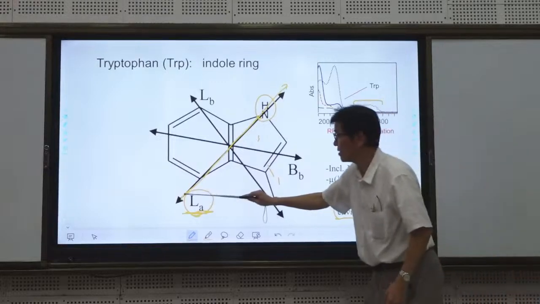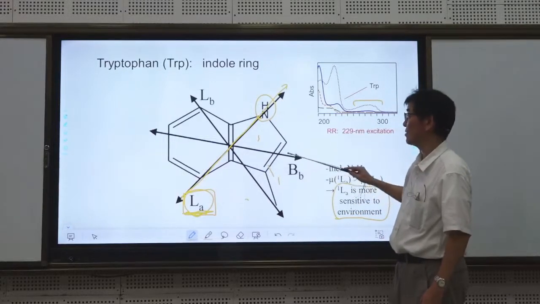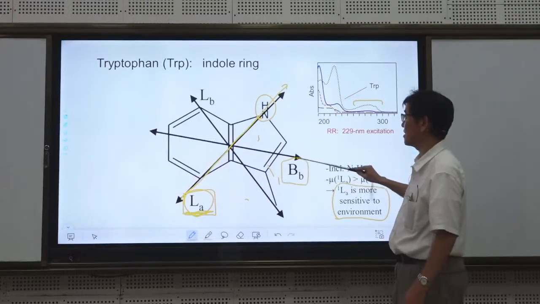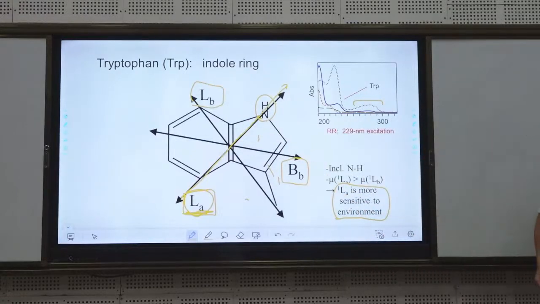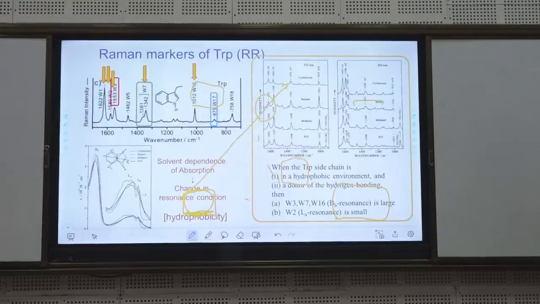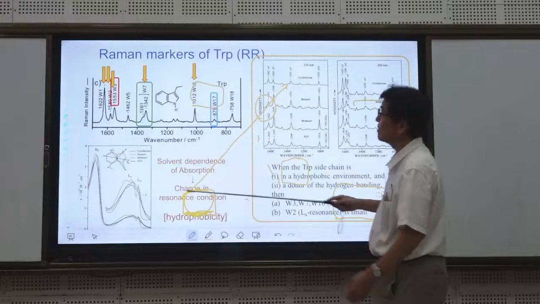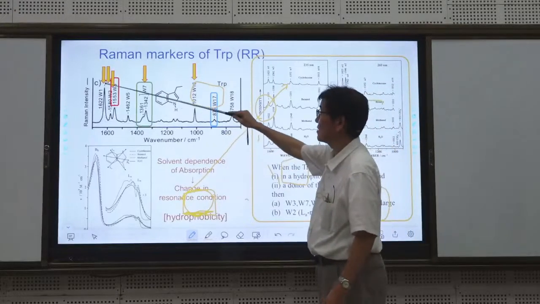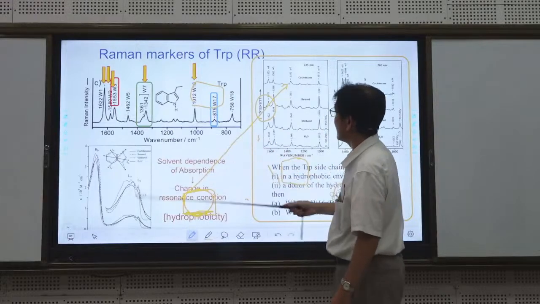So, sensitivity to the environmental structure is related to character of the excited state transition moment. So here is a typical resonance Raman spectrum of tryptophan.